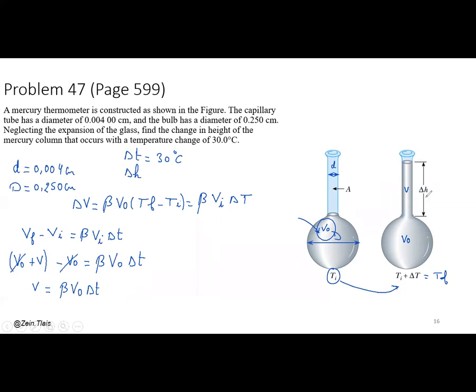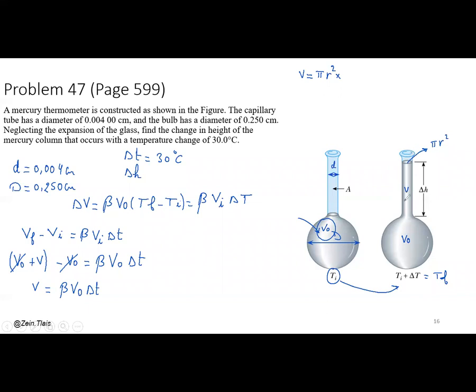You know, the volume of the capillary tube here equals the section times the height. Okay, v equals the section of this capillary tube, which equals pi r square. So here we have pi r square times the height.